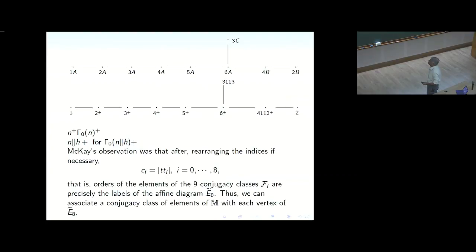And the point is that the vertices of this affine E8 diagram can be indexed by the conjugacy classes of elements of F cross F, which is the same thing as being indexed by the conjugacy classes of products of involutions.